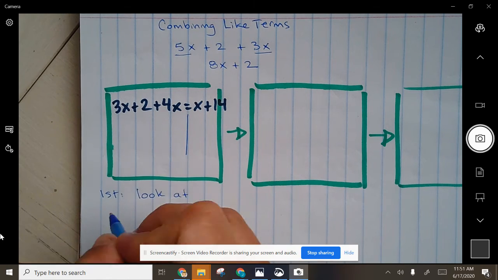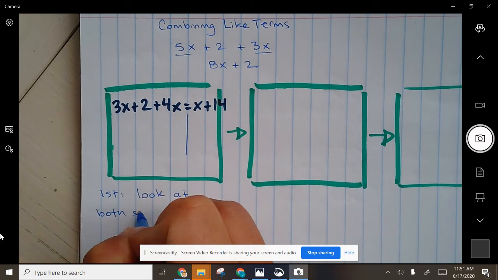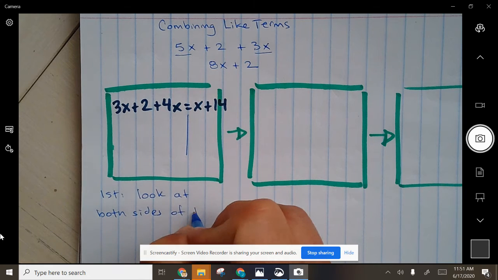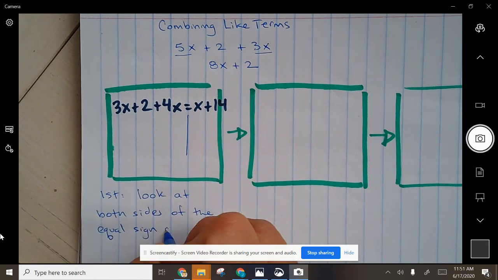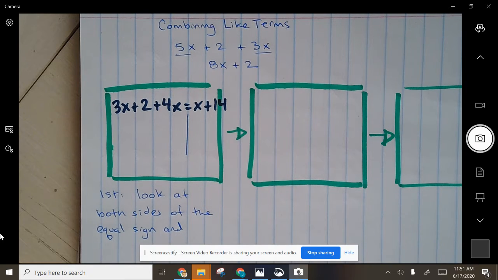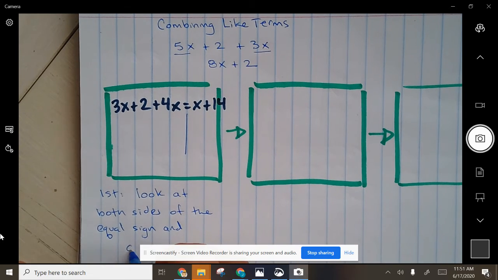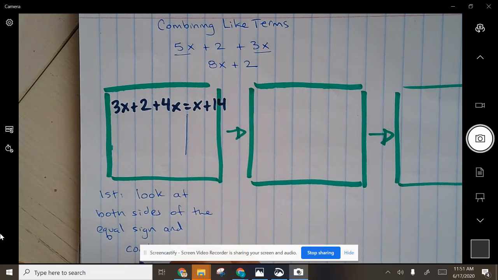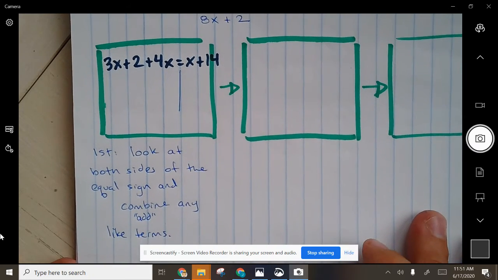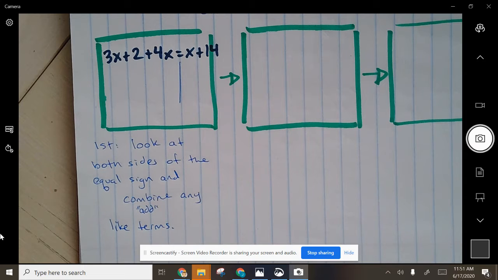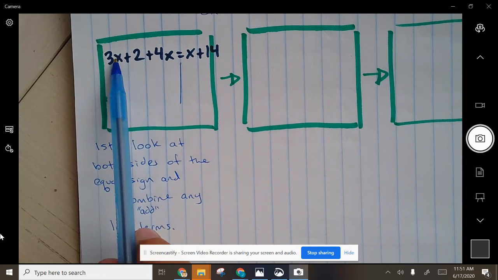Look at both sides of the equal sign and combine, which another word is add, any like terms. Okay. So when you look at that, you've got to look at this side of the equal sign and this side of the equal sign.